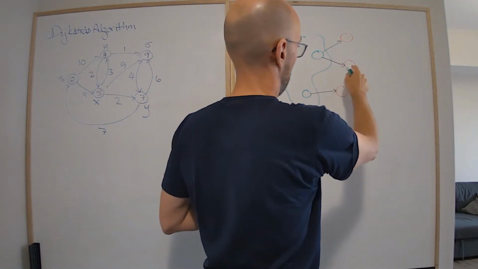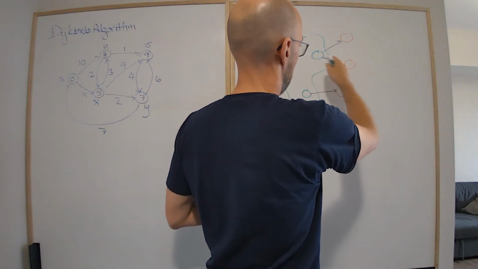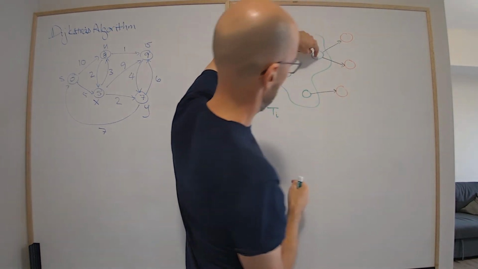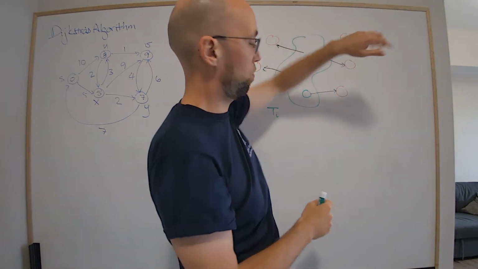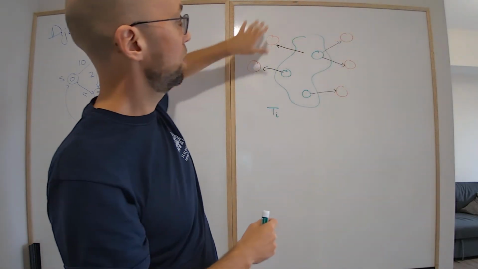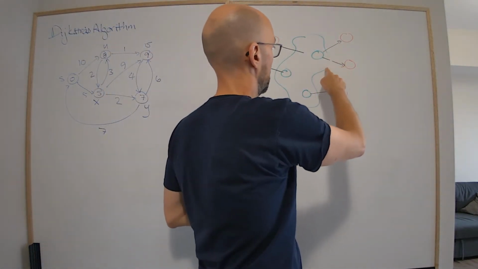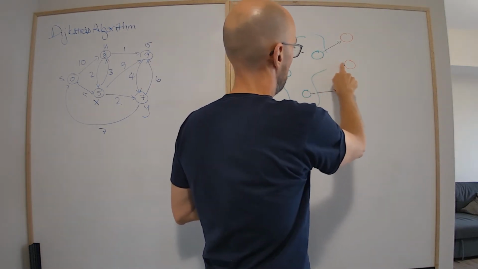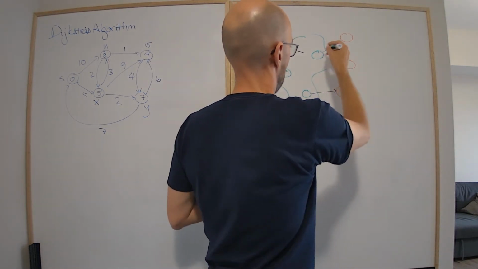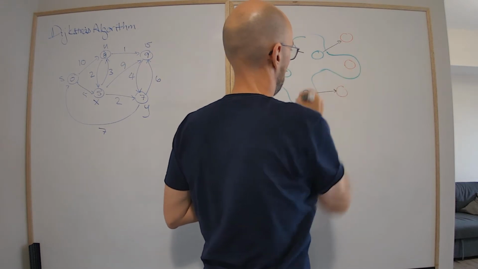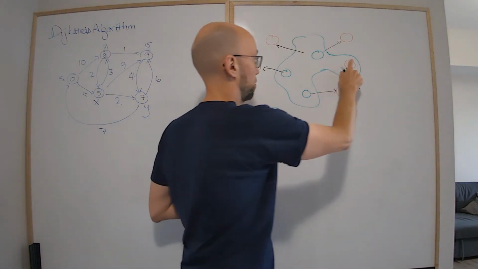Suppose the distance to this vertex plus the distance from this vertex to this vertex is the minimum of all these estimates. So we're going to take this into the tree, and this becomes green.